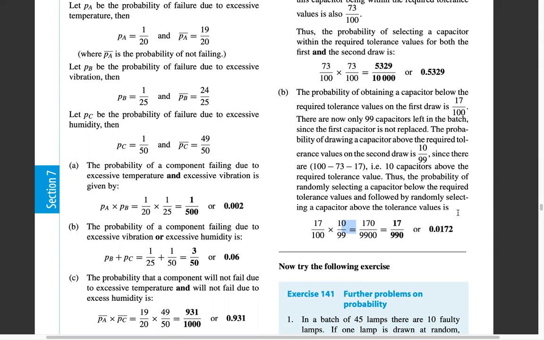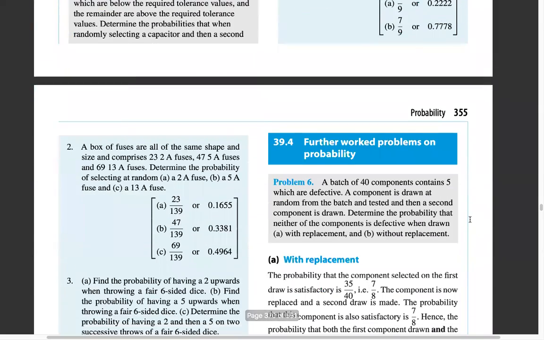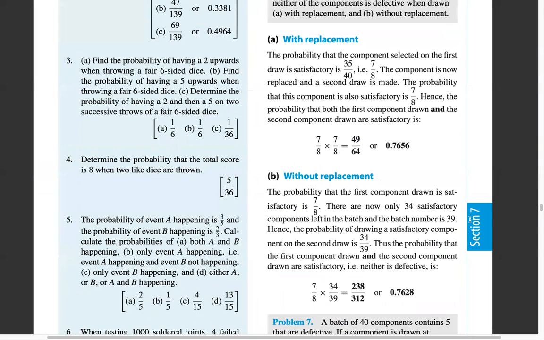It's not 100. So things like this, with replacement, without replacement, and so on. We try problems like that here before we could go on.